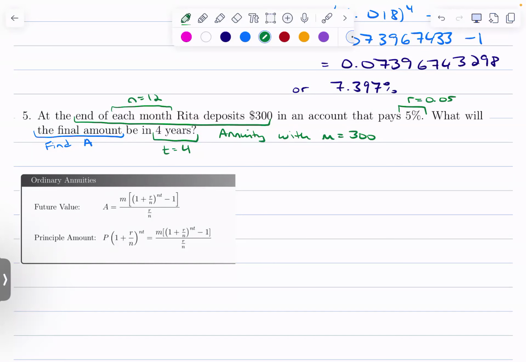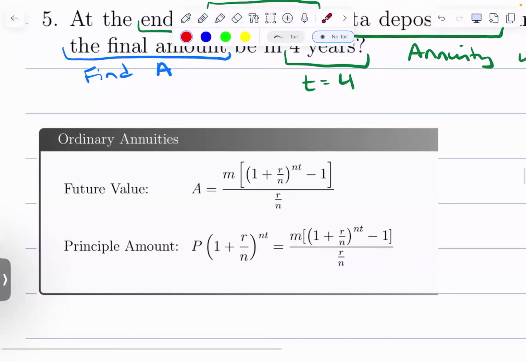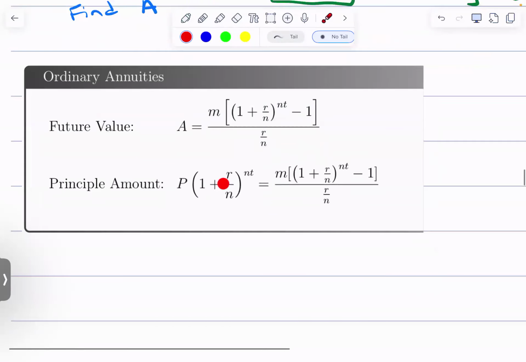So if I want to find A, then that's going to be the future value. So I want to use this formula here. Notice that this formula doesn't have an A in it. It does work off of A, right? This right-hand side, they're the same.